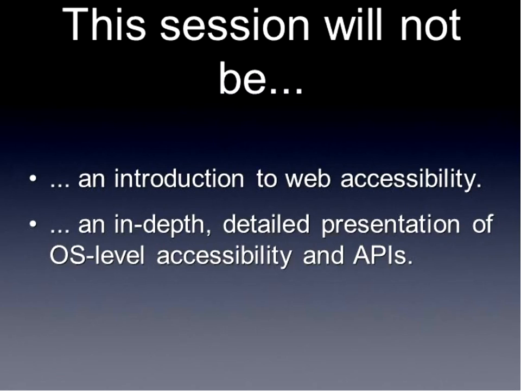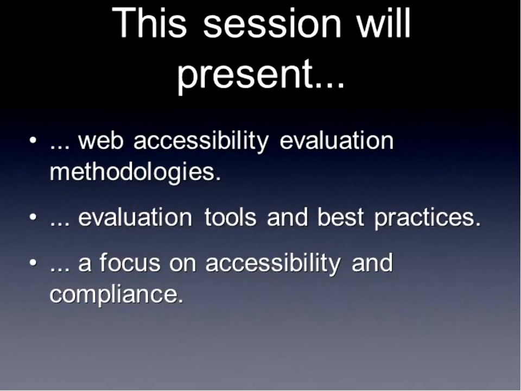We're not going to be talking about in-depth code or accessibility APIs and operating system level evaluation with complex tools. It's going to be pretty basic, not necessarily basic, but evaluation that's really pretty straightforward that anybody can do with an understanding of accessibility to best evaluate true accessibility for end users.